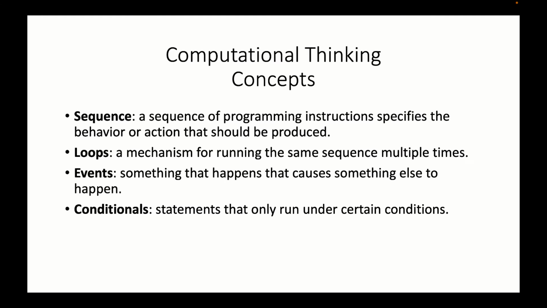Computational thinking concepts. These concepts are the concepts programmers engage with as they program. There are 4 concepts that students will use very often when they do code.org coding. These are sequence, loops, events, and conditions. Sequence.